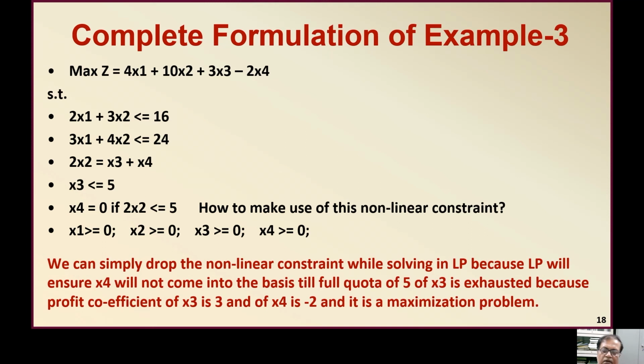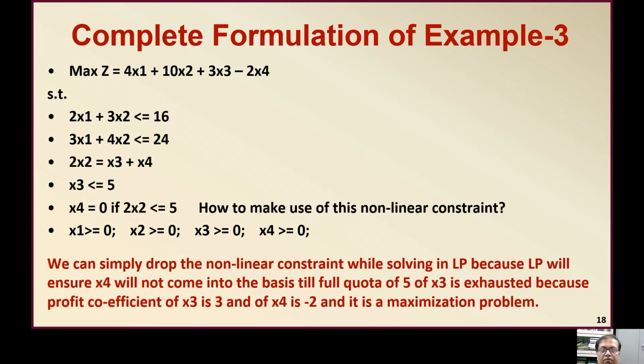So the thing to learn here is that while you formulate, real life is very complex. Not every time are you going to get a clear-cut linear programming formulation. Sometimes you may have to linearize a function. Sometimes you may have to drop a constraint. Sometimes you have to see that that constraint is not going to come.